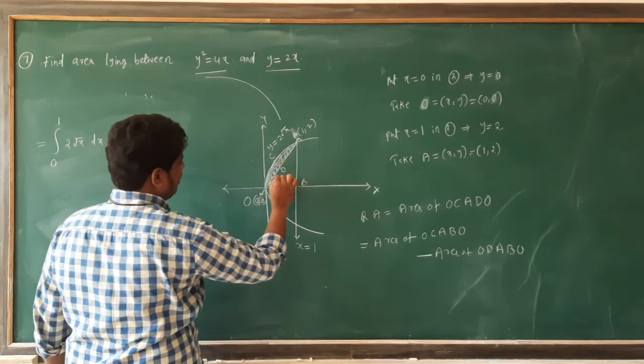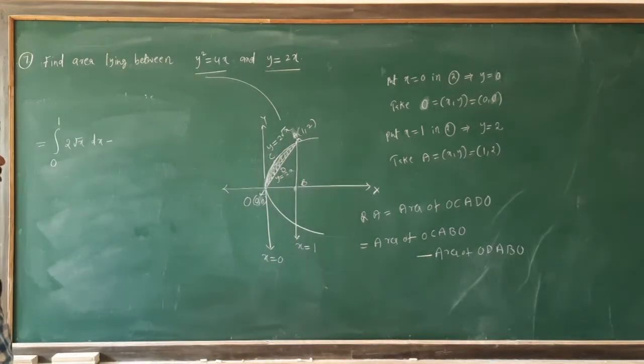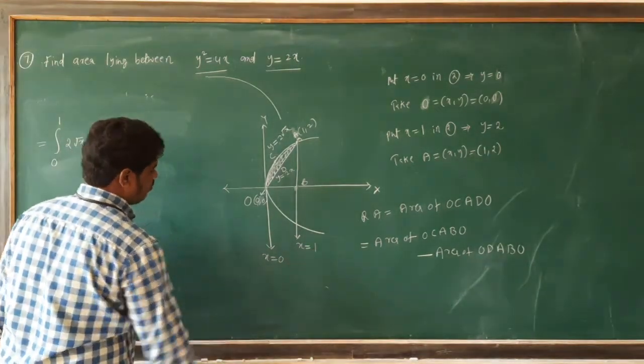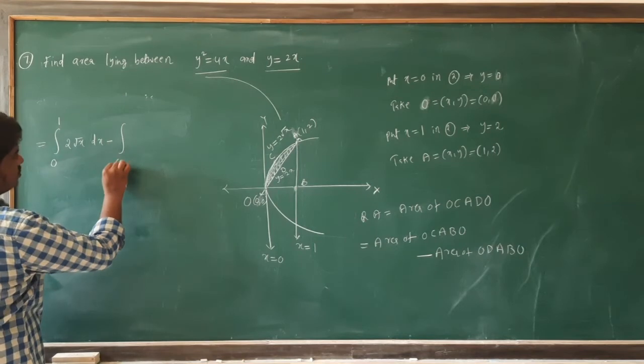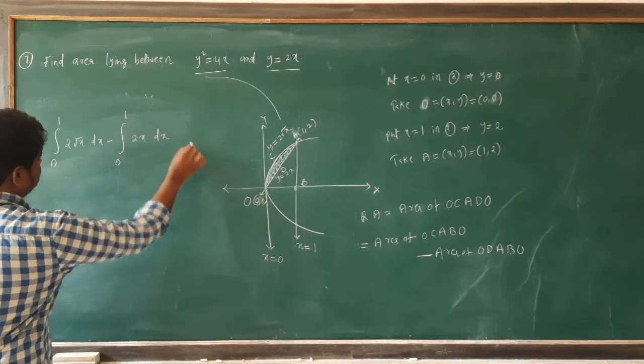From the line, y is 2x, between x equals 0 and x equals 1. So the integral from 0 to 1 of 2x dx.